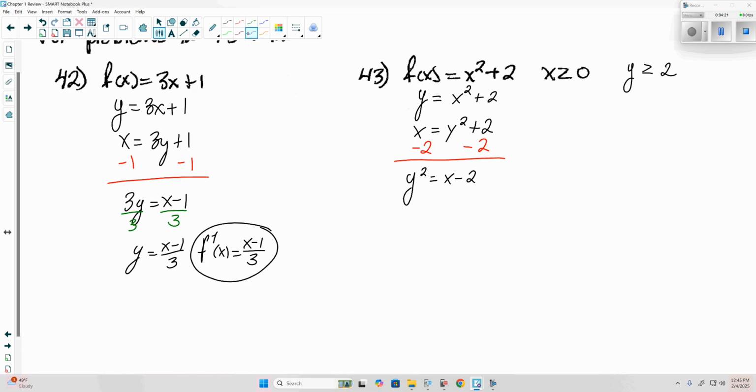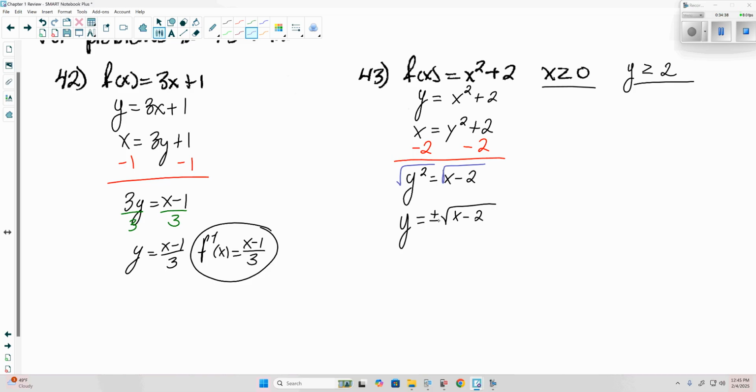Now to get y by itself, we'll square root both sides, telling us y is equal to the square root of x minus 2. Now normally we would put the plus or minus in front of it.